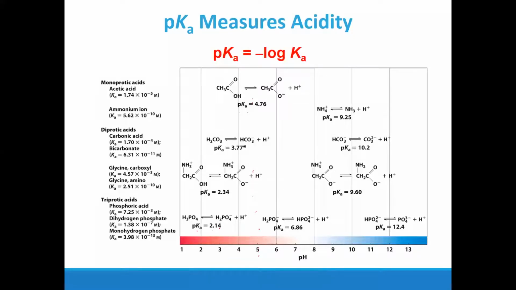Now, some acids can have multiple protons that they dissociate. This is called being diprotic or triprotic, meaning you can have 2 or 3 protons that you ultimately dissociate. And these dissociations usually get harder. Once an acid dissociates 1 proton, it's harder to get it to dissociate the second or third proton.